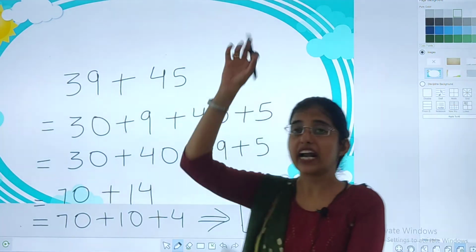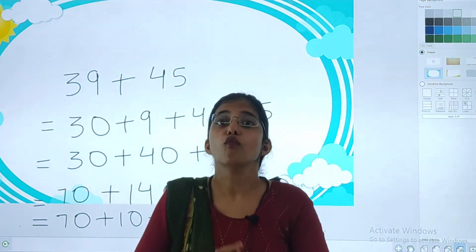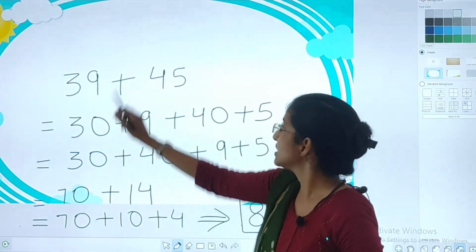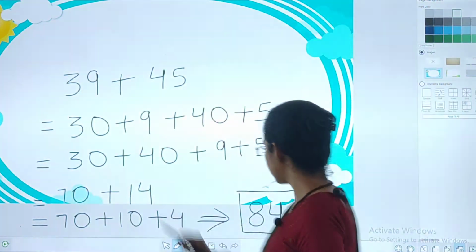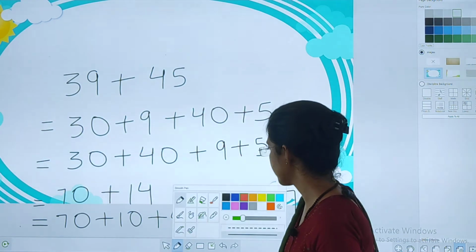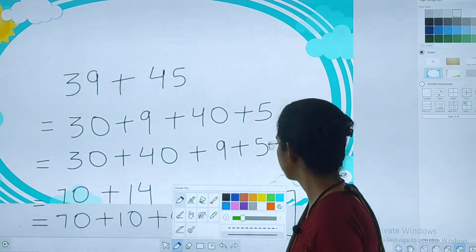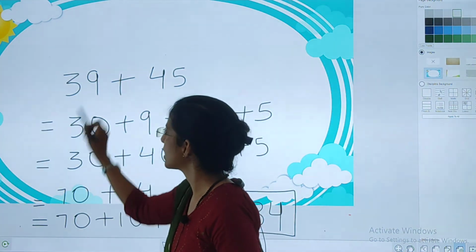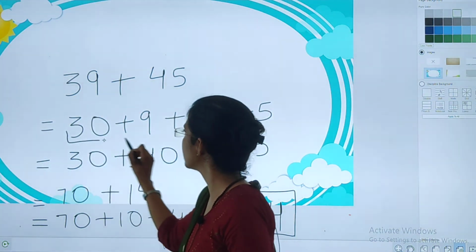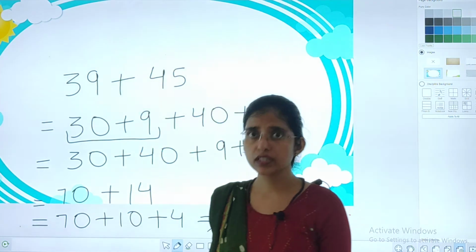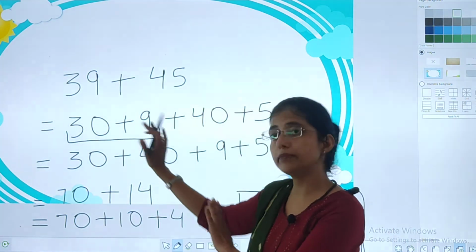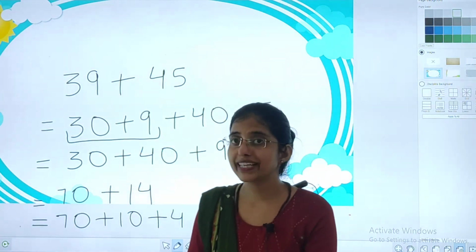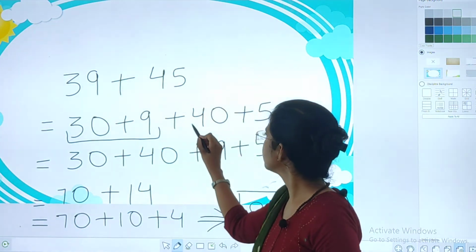Instead of adding 39 plus 45, what we will do is we will break 39 plus 45. 39 is 30 plus 9, right? 39 we can write 30 plus 9 है ना. हम 39 को 30 plus 9 लिख सकते हैं. Then comes 45. We can write 45 as 40 plus 5.